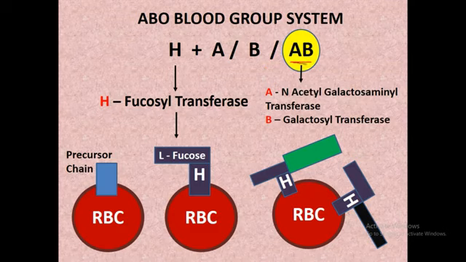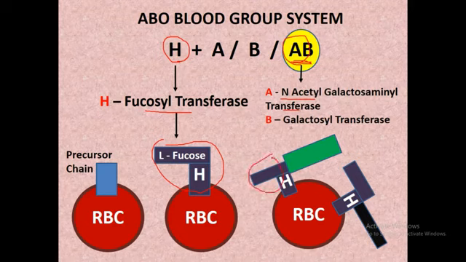Now the person having the AB gene: first of all there must be the presence of the H gene, which is responsible for the fucosyl transferase enzyme, which transfers L-fucose to the precursor chain, and this forms the H substance. Now the A gene is responsible for the N-acetyl galactosamine transferase enzyme, which transfers N-acetyl galactosamine to this H substance, and the B gene is responsible for the galactosyl transferase enzyme, which transfers D-galactose to this H substance.